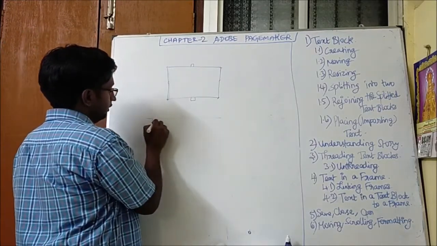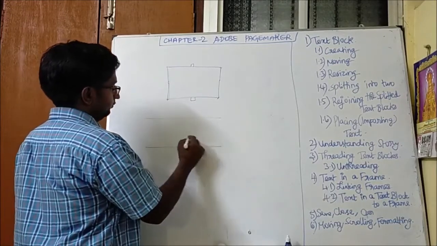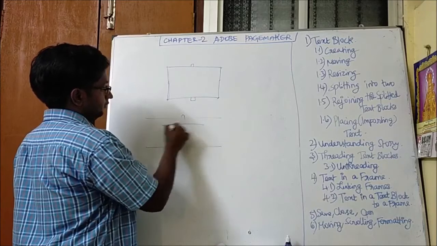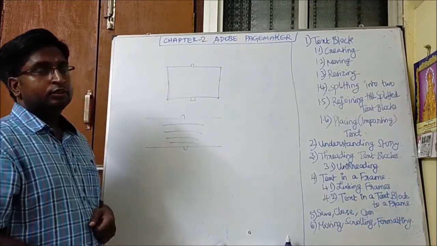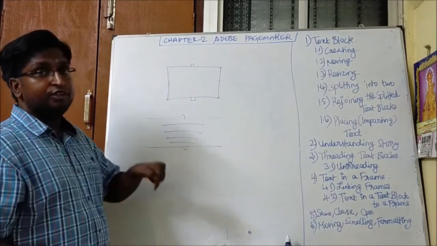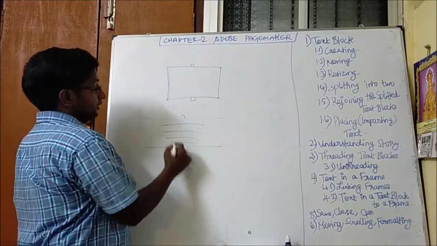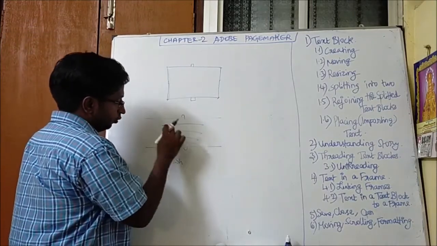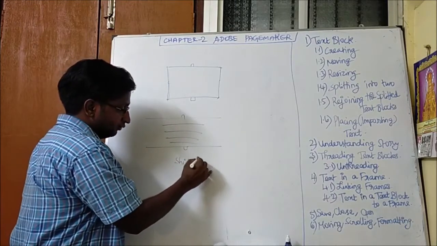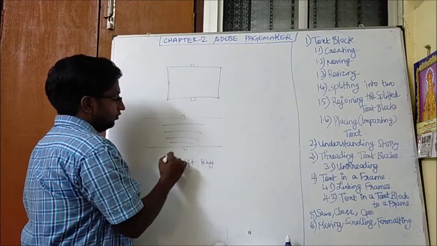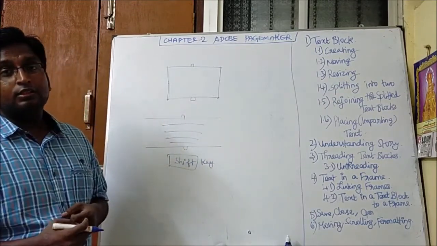Say for example, I have the text in a text block. So I have to select the text. Then, by pressing the shift key, select the frame.